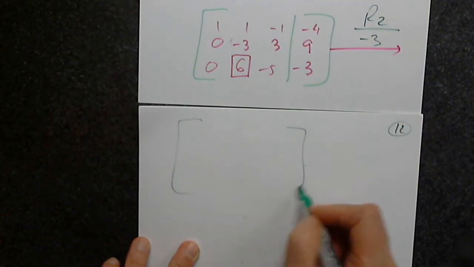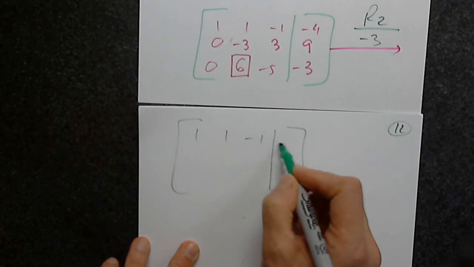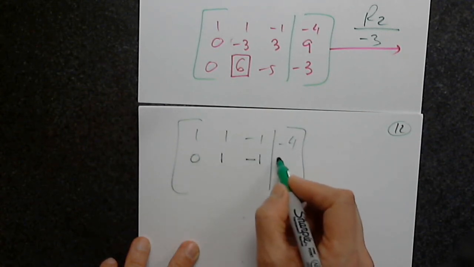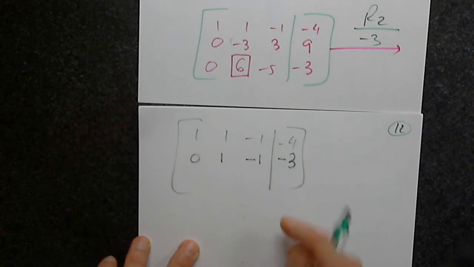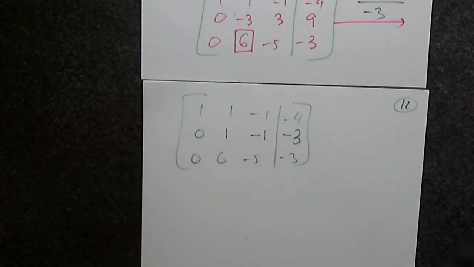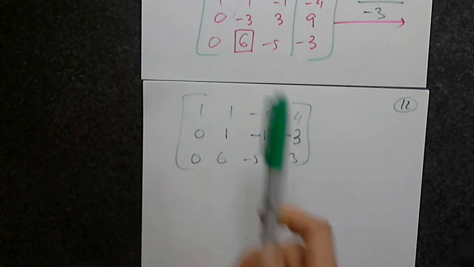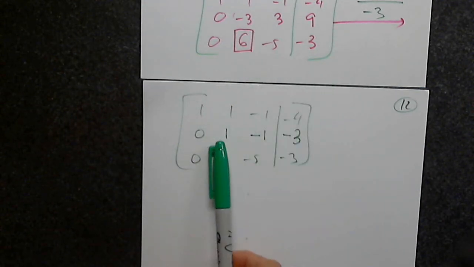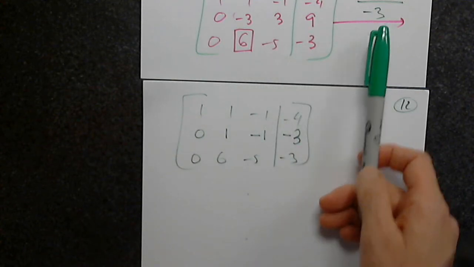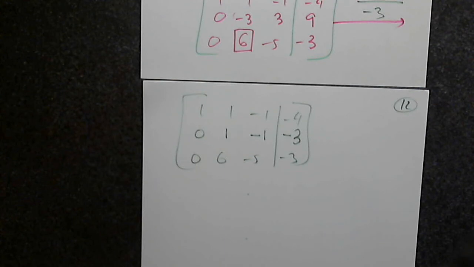So I copy the first row unchanged. I copy 0, 1, -1, -3. And I copy 0, 6, -5, -3. One more time. -3 divided by -3 is 1. 3 divided by -3 is -1. 9 divided by -3 is -3.